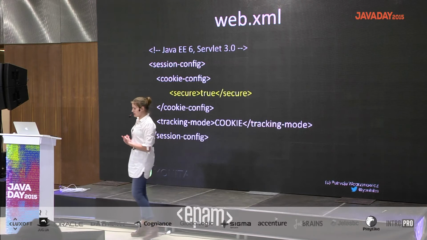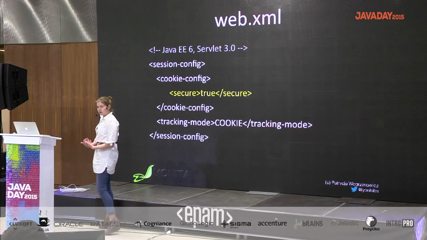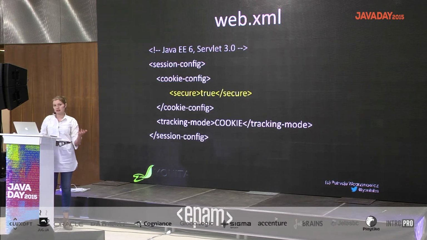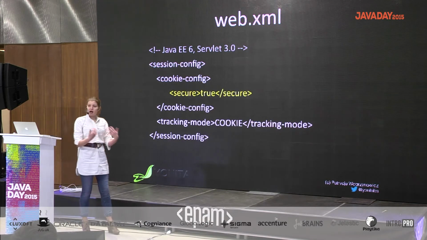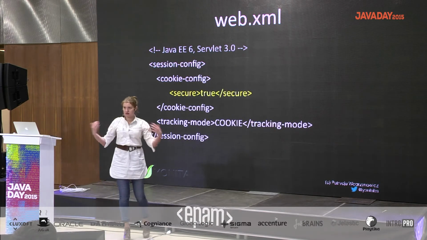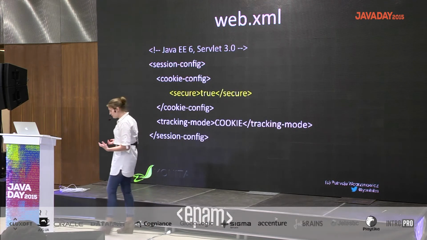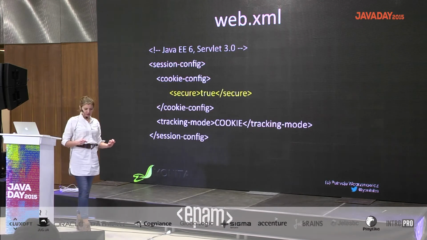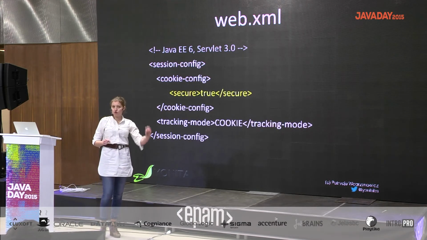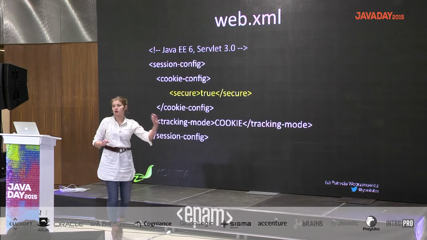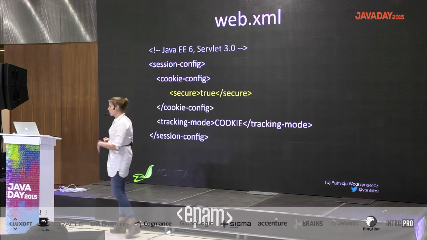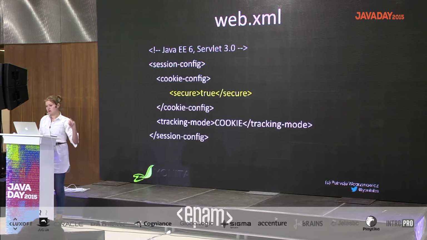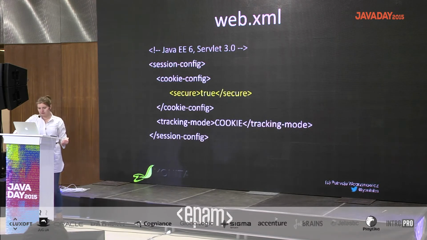For example, we serve static content over HTTP, just images, JavaScripts, etc., just to speed up performance and make our application more scalable. And in that case, the browser would send the cookie over those unsecure channels as well. So we need that additional secure flag for the cookie to instruct browsers not to send cookies over unsecure channels.